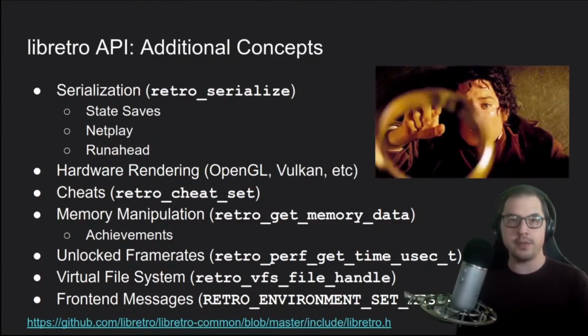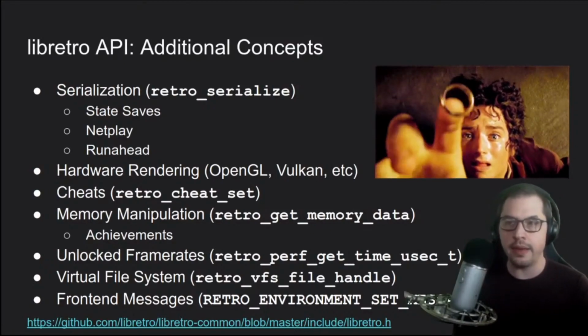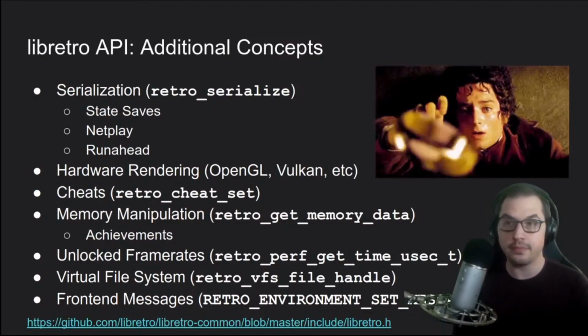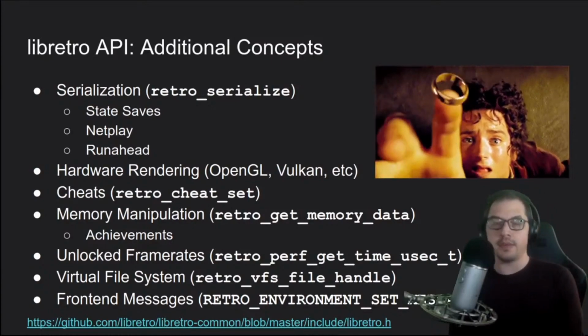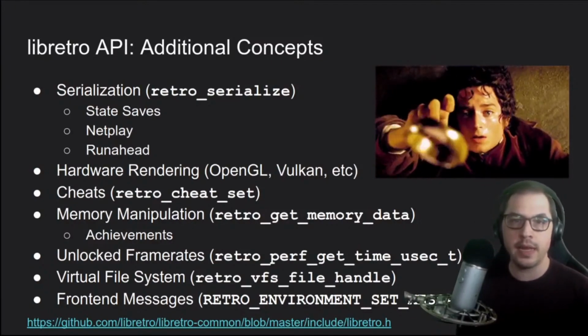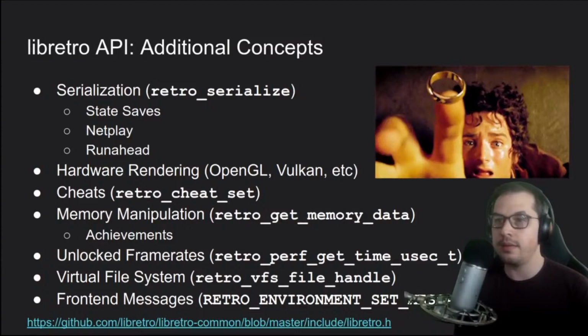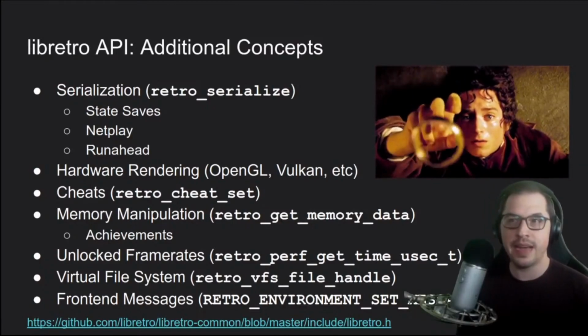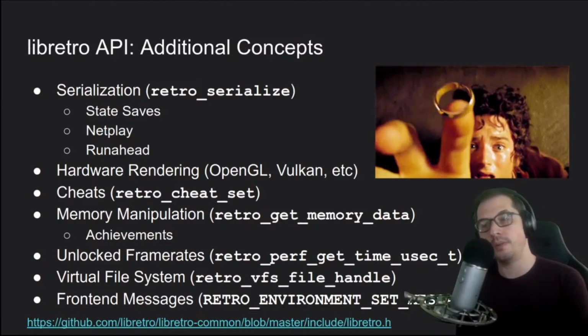It's also what's used for net play, and input run ahead. So once you implement the serialized buffer, that allows your core to have save slots, which is really cool.